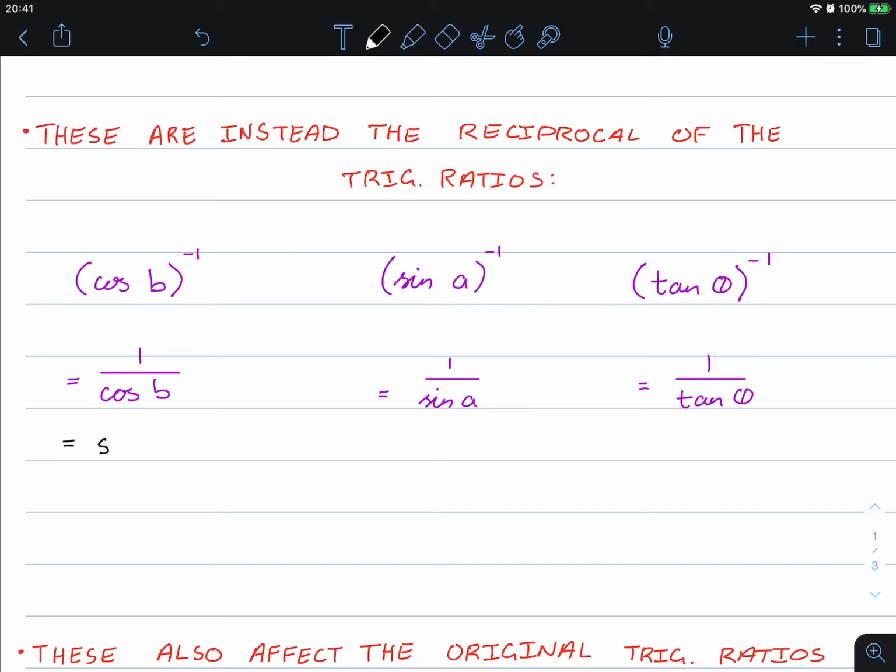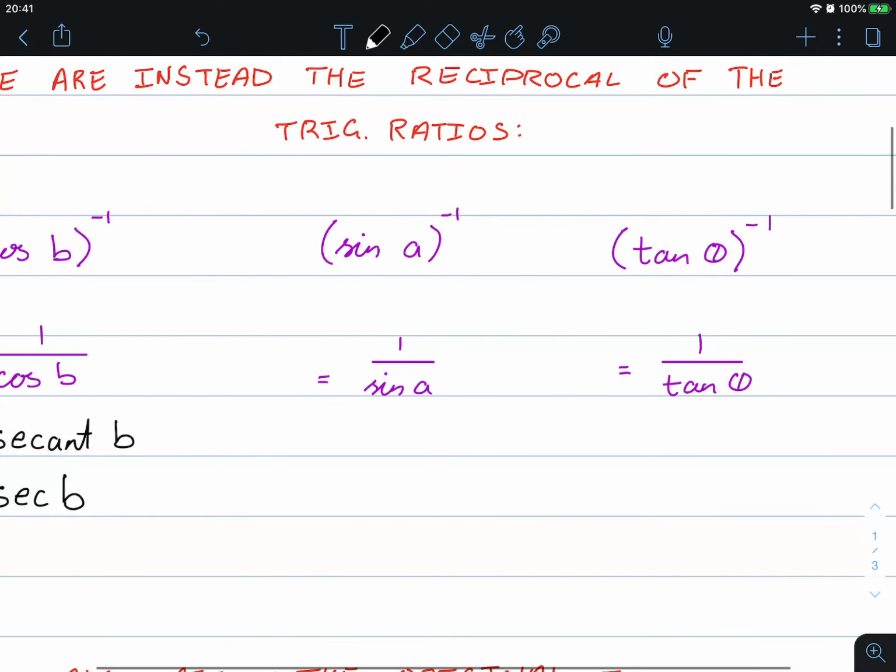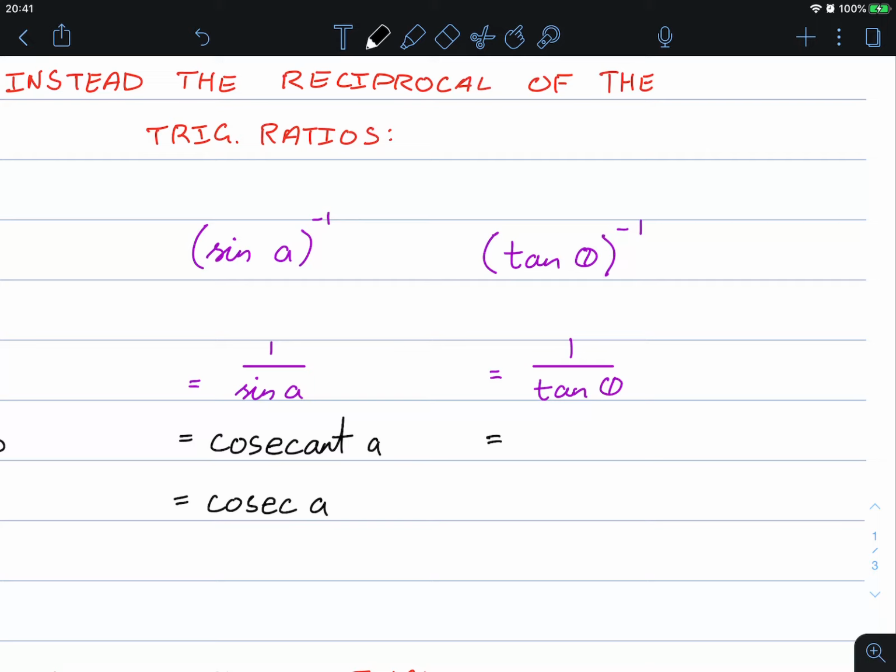It's called the secant of B. The short form for this is sec of B. If we do the same process to sine of any angle A, this becomes cosecant of the same angle A. But in short for mathematics, when we write it down, it's just cosec A. And lastly, for tangent, if we take the reciprocal, this becomes cotangent of the same angle theta, which is cot of theta.